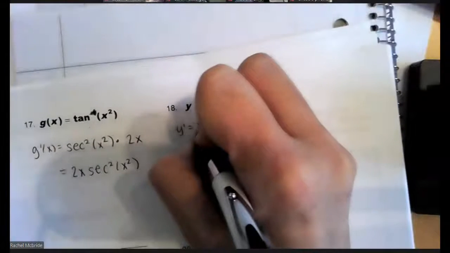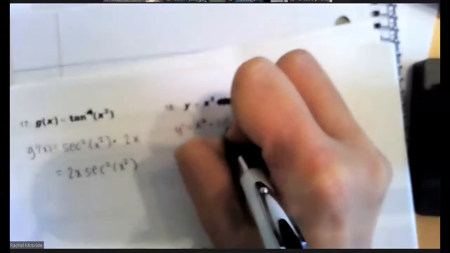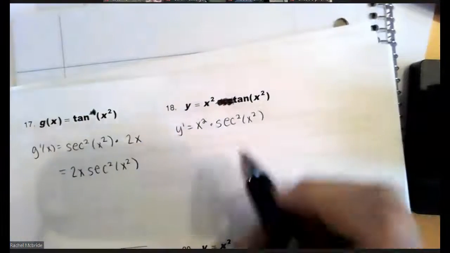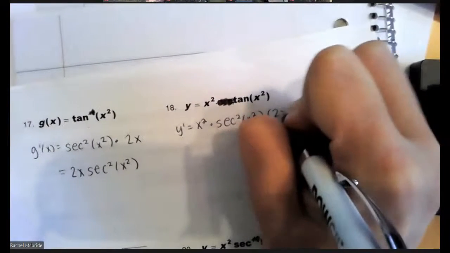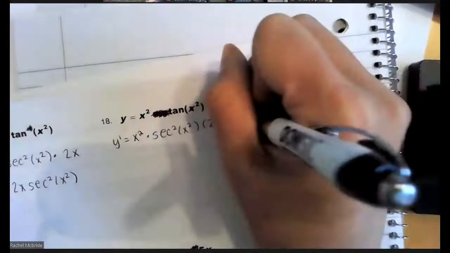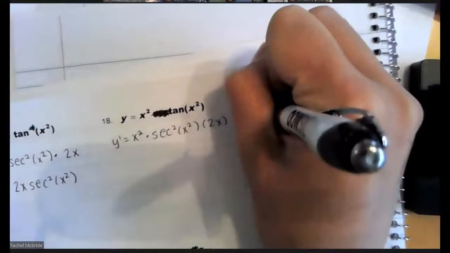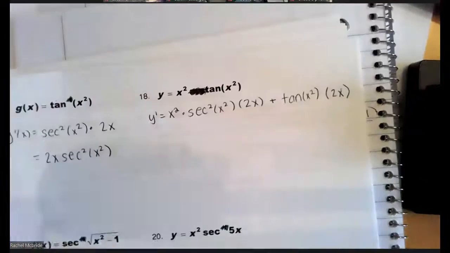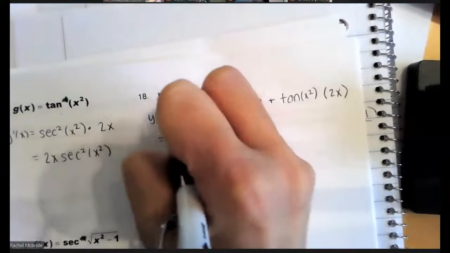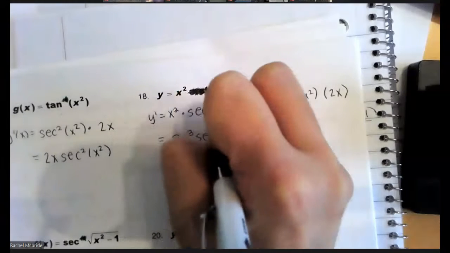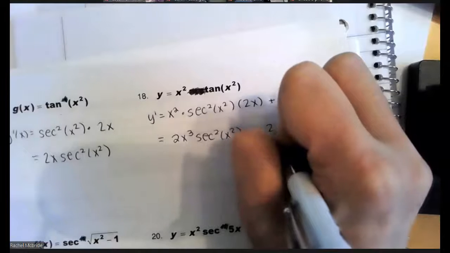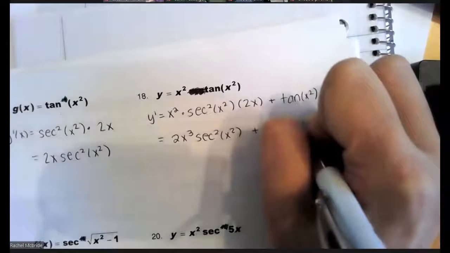So it's first times derivative of the second, which is the exact function from here, plus the second times derivative of the first. And then what you'll notice is we end up with 2x cubed secant squared x squared plus 2x tan x squared.